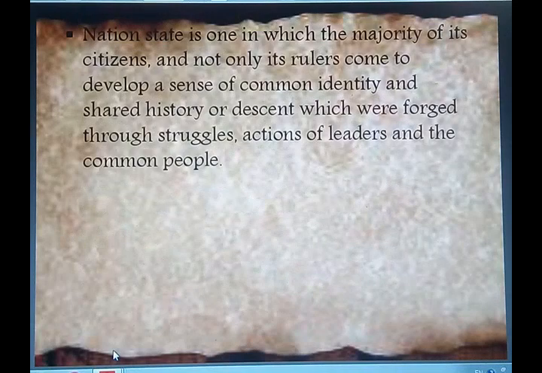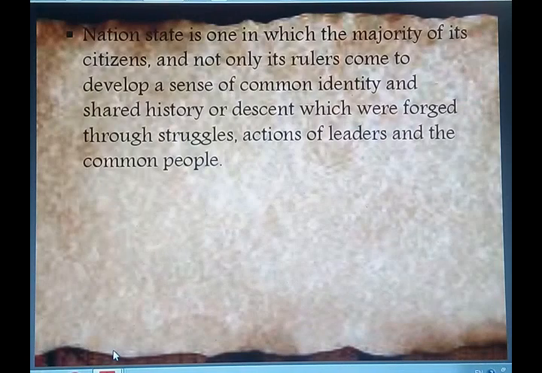So a nation state is one in which the majority of its citizens, and not only its rulers, come to develop a sense of common identity and shared history or descent, which were forged through struggles, actions of leaders and the common people.